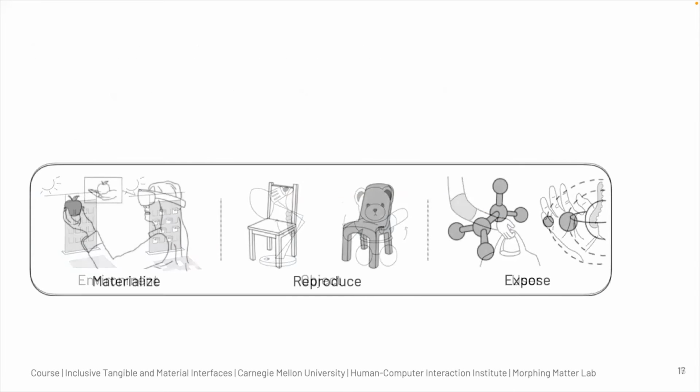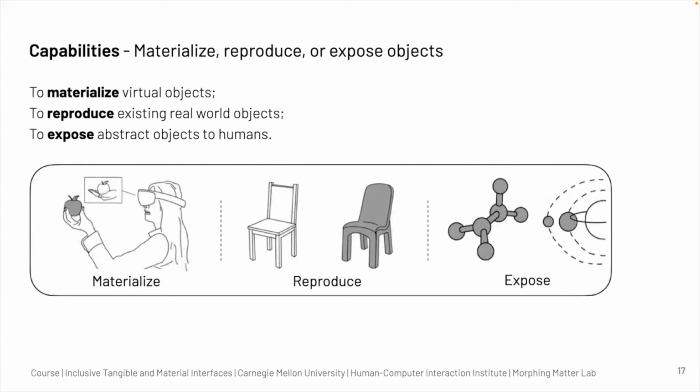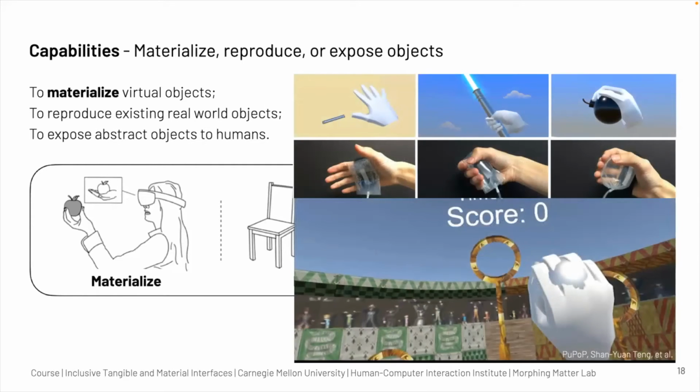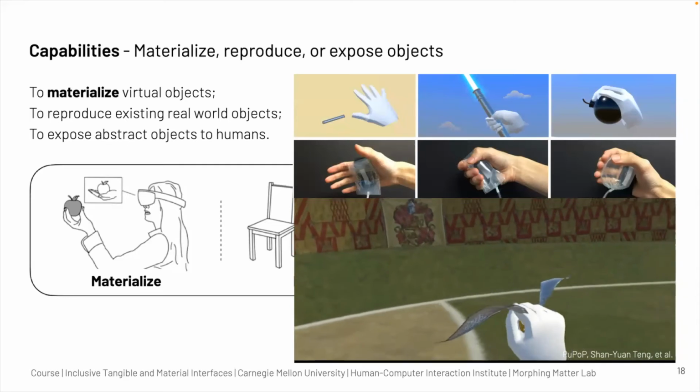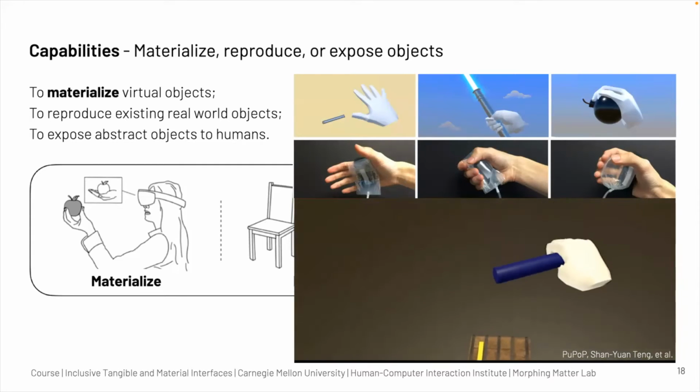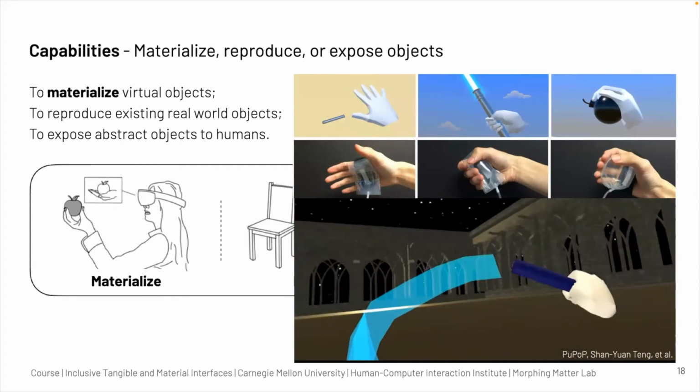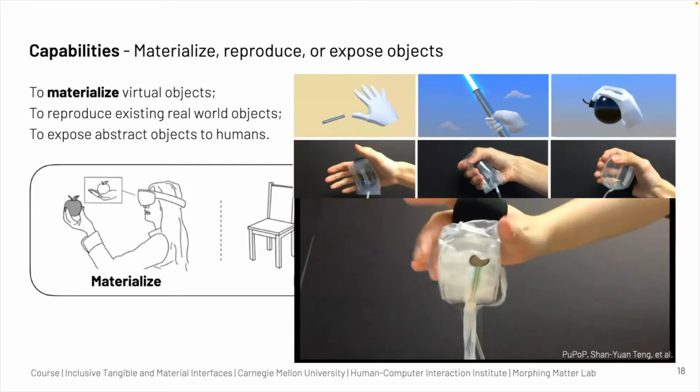And okay, this is the third dimension, about presenting objects. The first one is to materialize virtual objects. I'm not sure whether I chose the right word, but what I want to say is that you can bring the virtual object in your screen or in your VR game to the real world.